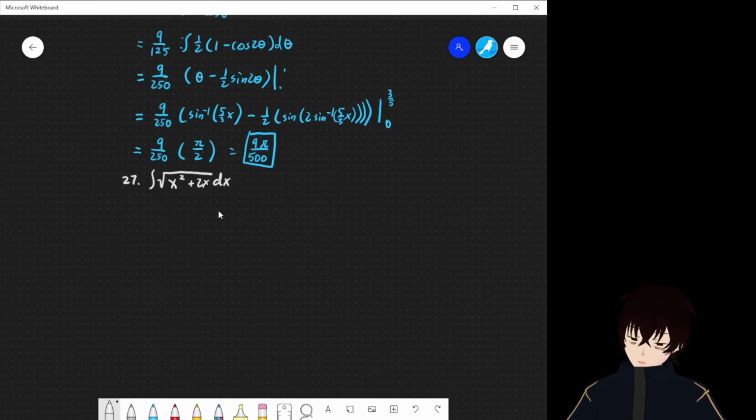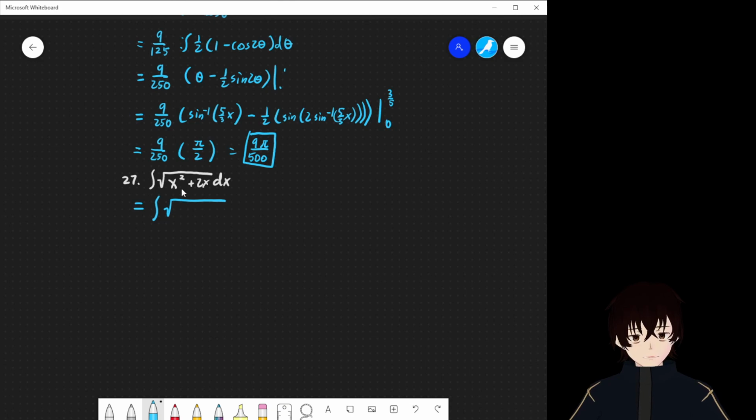This looks like one where we need to complete the square. So let's do that. That would be x squared plus 2x plus 1 minus 1. So that would be x plus 1 squared minus 1, dx.